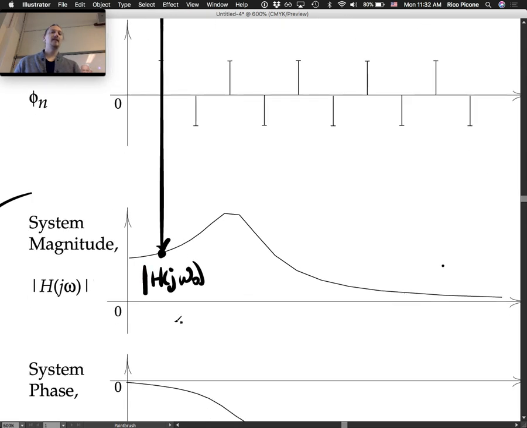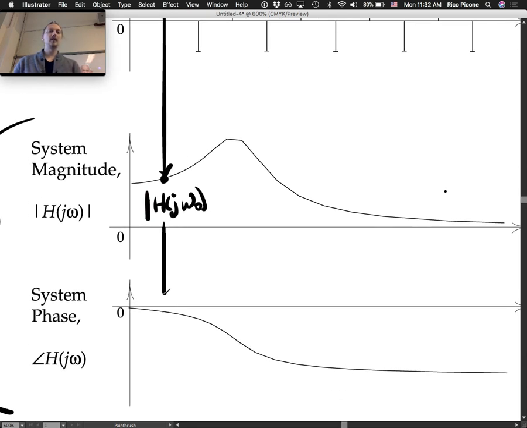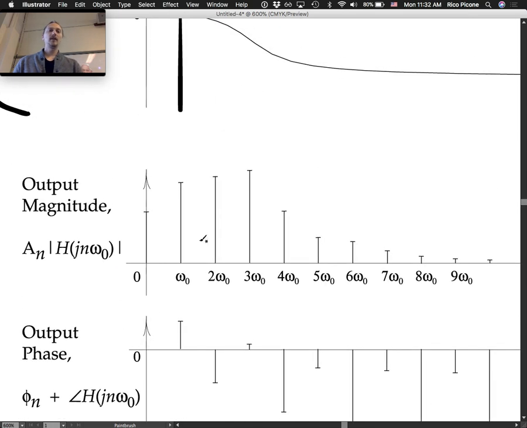Multiply it by that, and it gives you, continue to follow it down, the output magnitude, this value, which is A0 times the magnitude of H of j omega 0.